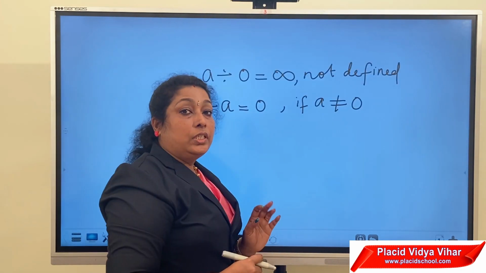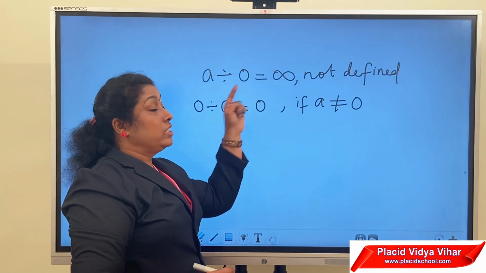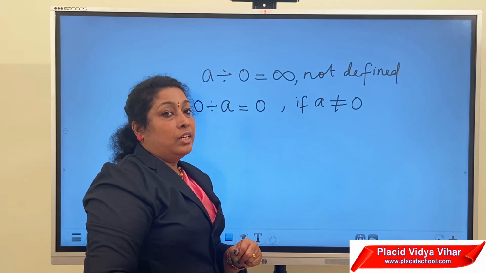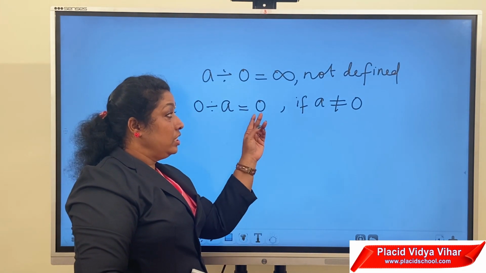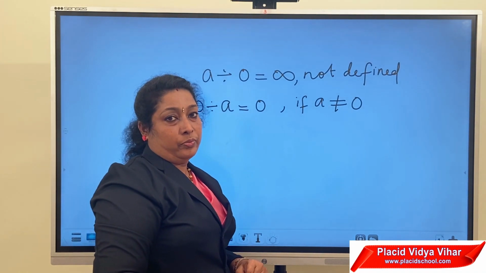Next, moving to division, we can see that if a and b are two integers, then a divided by b is not defined if b is equal to 0. That is, if we have an integer a, then a divided by 0 is not defined, and 0 divided by a is equal to 0 if a is not equal to 0.